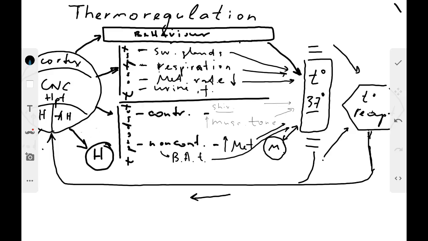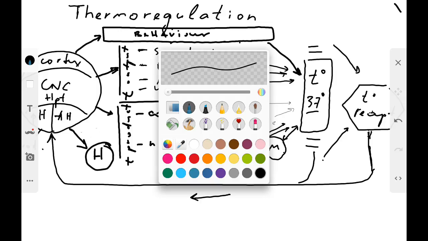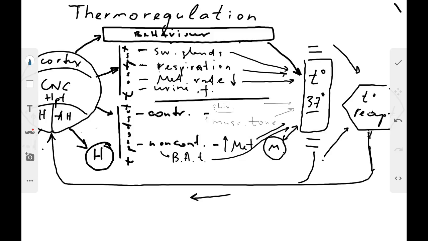So, if the body temperature increases, the blood vessels on the periphery, in the skin, dilate, so that more blood goes to the superficial parts of the skin, and the temperature decreases in the body, because the heat is released into the environment, and vice versa.